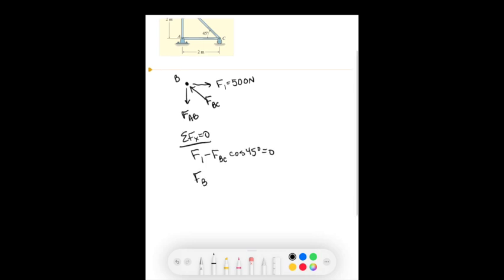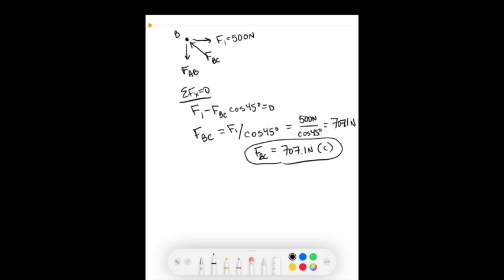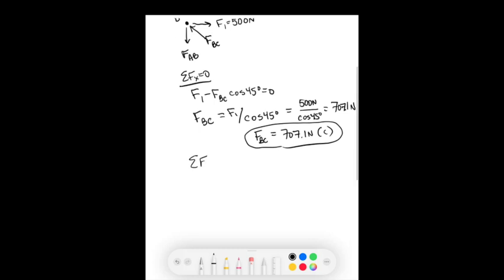Solving for member BC, we find that the force is 707.1 newtons. The answer is positive, so our assumption that BC is in compression is correct. So force BC is equal to 707.1 newtons in compression. Moving on, we can use the equations in the y direction to solve for F of AB.